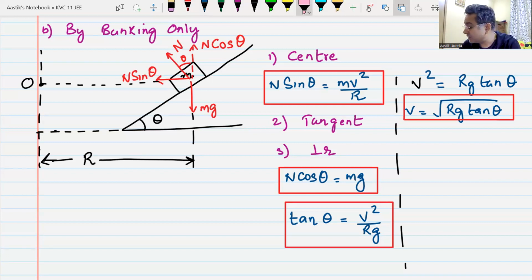If you compare this formula with the previous formula, in the previous formula it was root over mu rg. In this formula it is root over rg tan theta. So in place of tan theta, you have mu in the previous case. Do we understand this? I'll give you 2 minutes to note it down now.